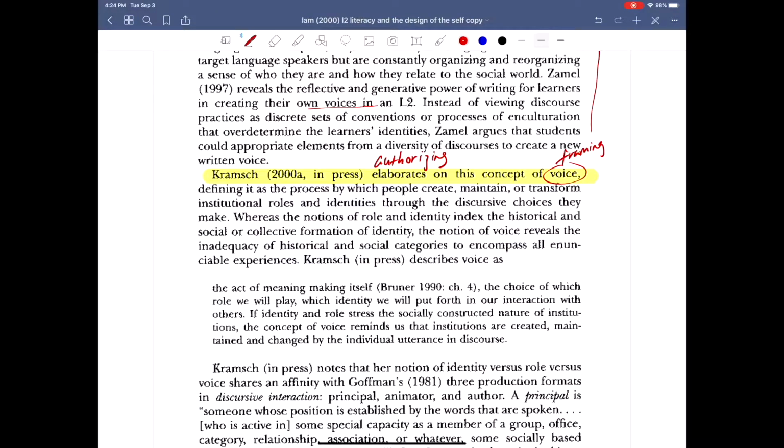So this is defining, obviously this is defining as well. Again, more authorizing. Now she's doing something nested here, because she's saying Kramsch defined it according to Goffman. So there's more defining, more framing.